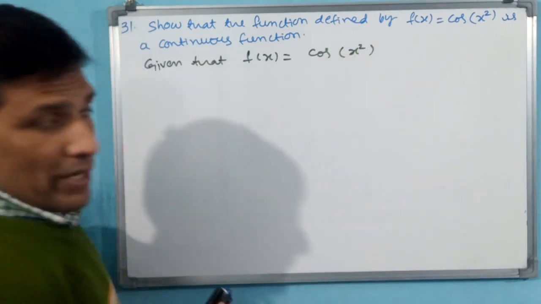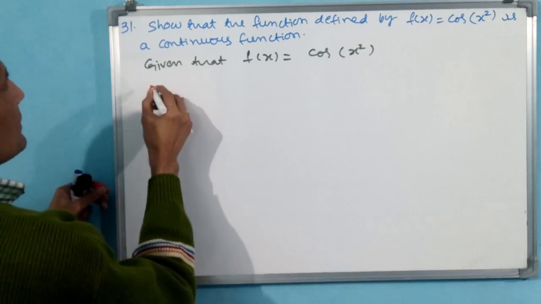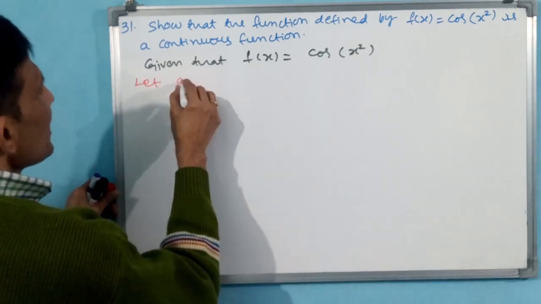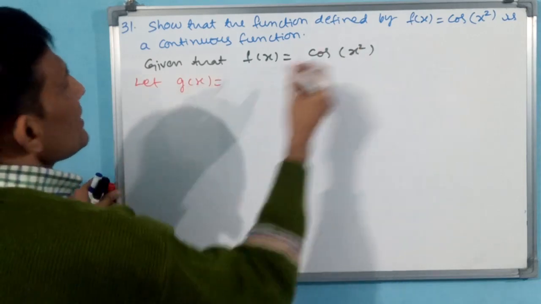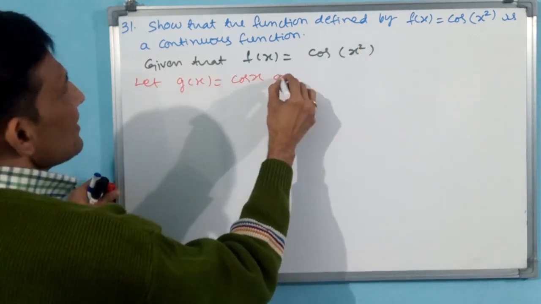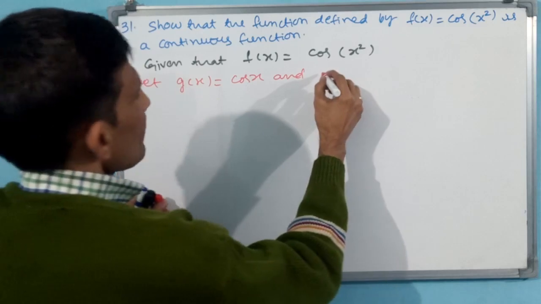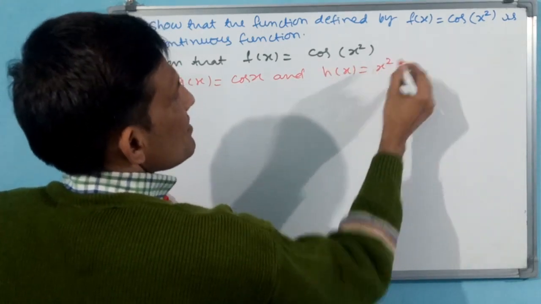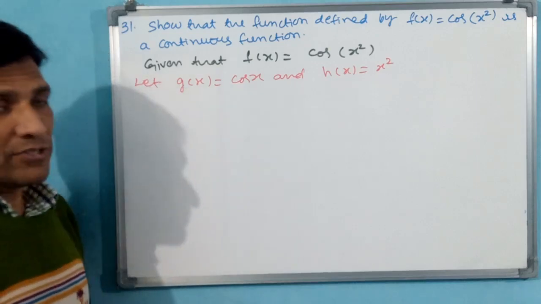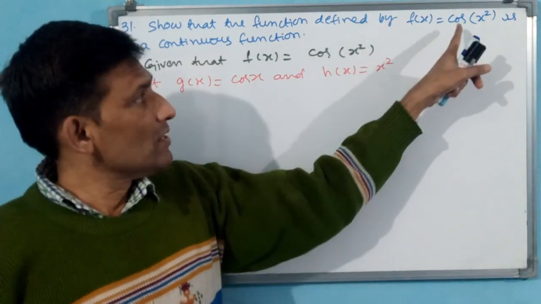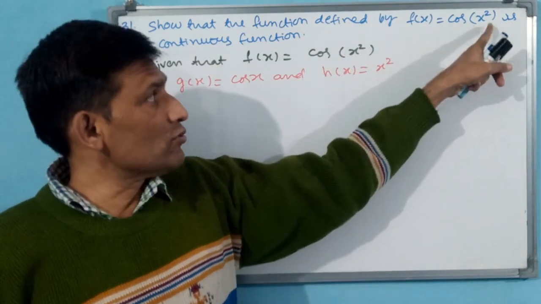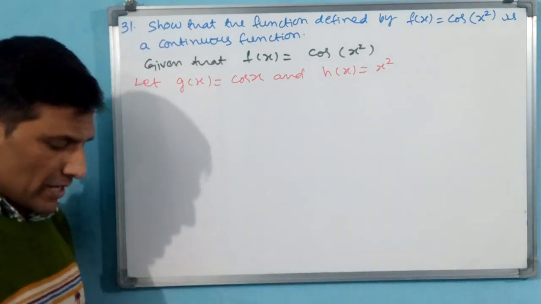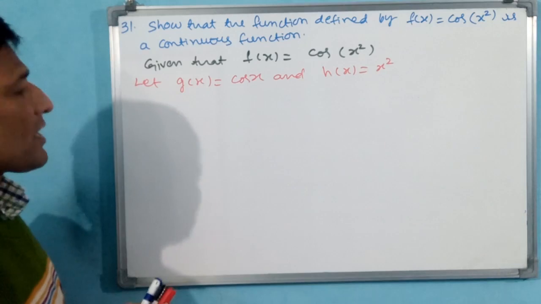Next, let g of x is equal to cos x and h of x is equal to x square. Logically, f is already given, cos you take as g, x square you take as h.